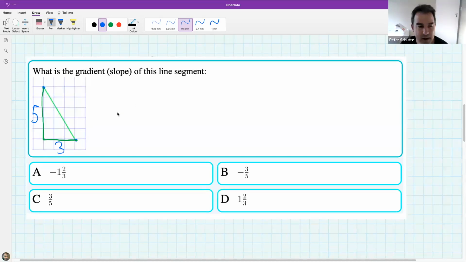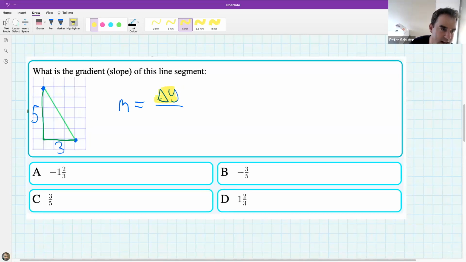Okay, so Sylvia, don't worry. I put this in on purpose because I wanted to make sure that you understand what gradient is. So if you think of the horizontal change and the vertical change. The way we write the vertical change is the change in y, and that change in y is this bit here.